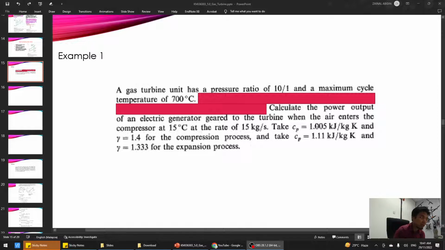Given Cp, the constant, is 1.005 kJ/kgK and gamma is 1.4 for the compression part, and for the expansion part take 1.11 kJ/kgK and gamma is 1.33.